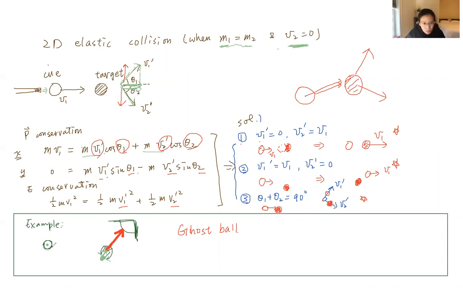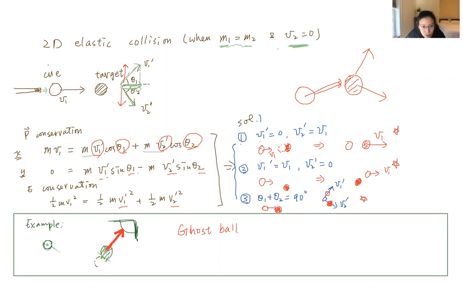And to make the contact point at this position, you want to make sure you send your cue ball all the way here. It's a little bit hard to draw the picture. I'm going to try my best. Okay, this is my contact point. I want this ball to be here.